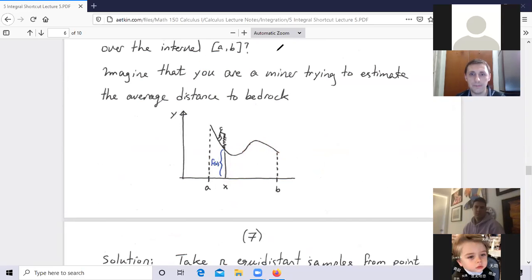I imagine taking the sample here, here, here, and so on, all along the curve. So those are the samples here. I add those up, and that will be an approximation of the average altitude. You agree? If I add them up and divide by the number of samples taken, that will be the average distance to the x-axis.